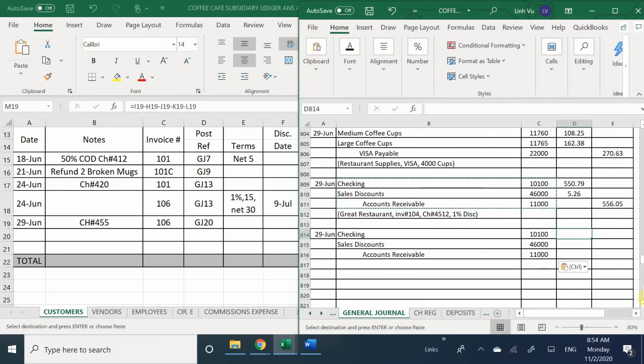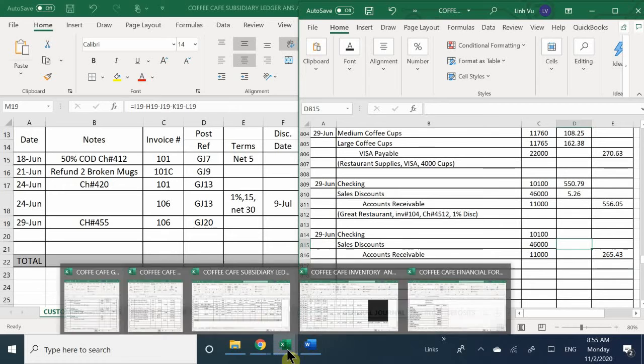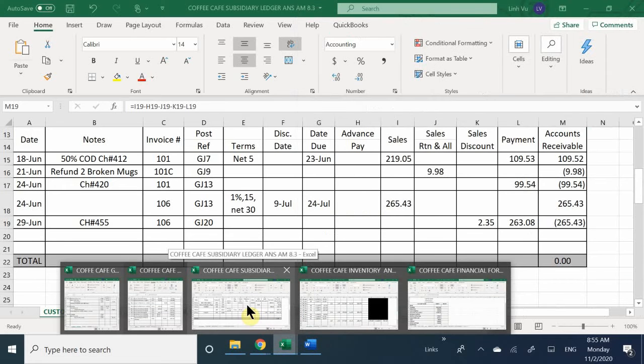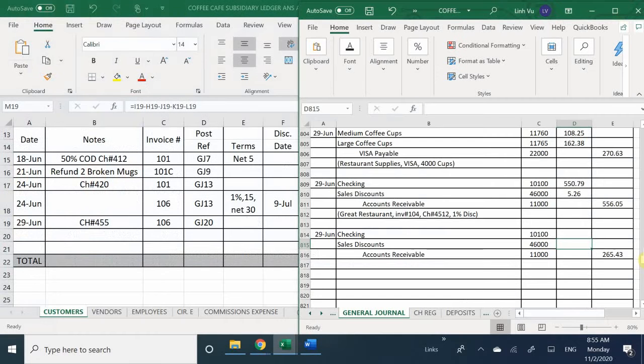So what was the check amount again? 265.43 minus 2.35 for the discount. So the check would be 263.08.